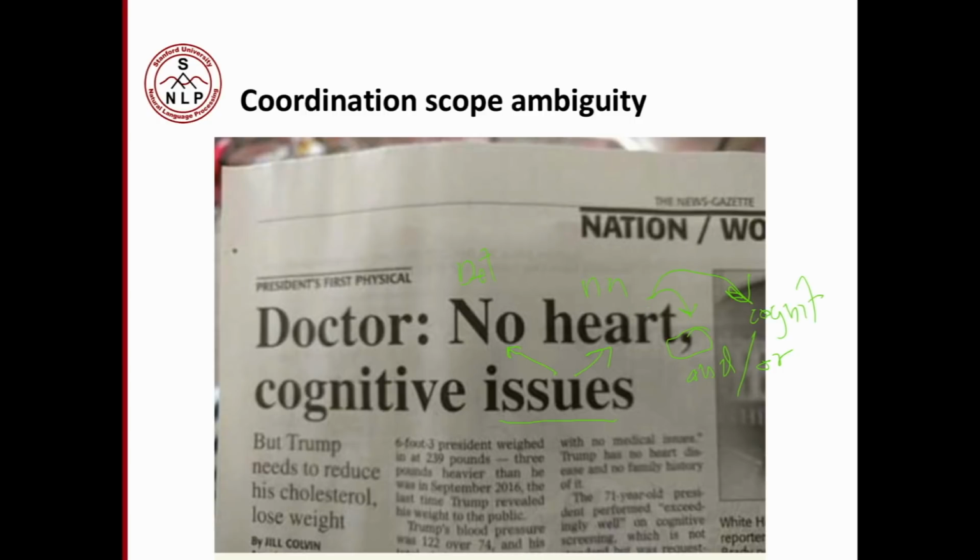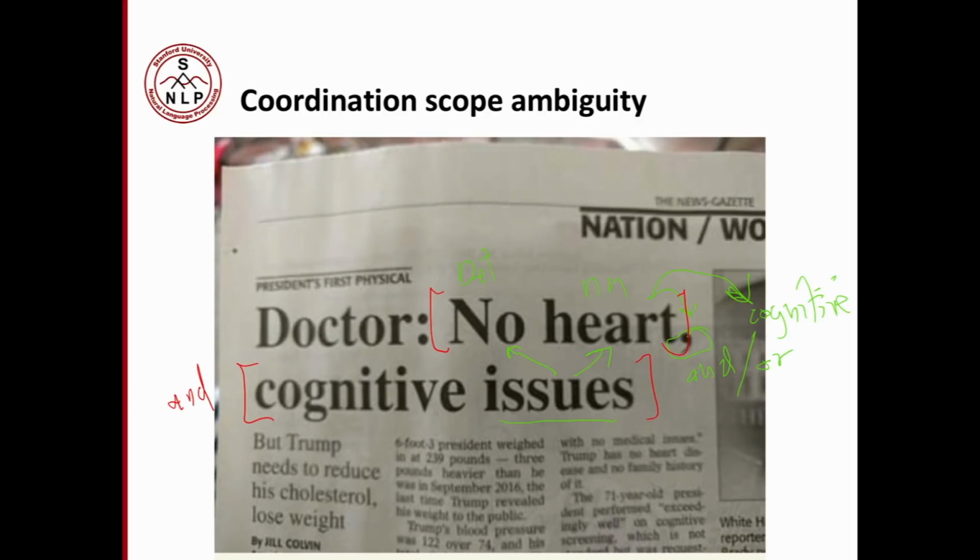So that heart or cognitive is a conjoined phrase inside of this no heart or cognitive issues. But there's another possibility, which is that the coordination is at the top level, that we have no heart and cognitive issues.